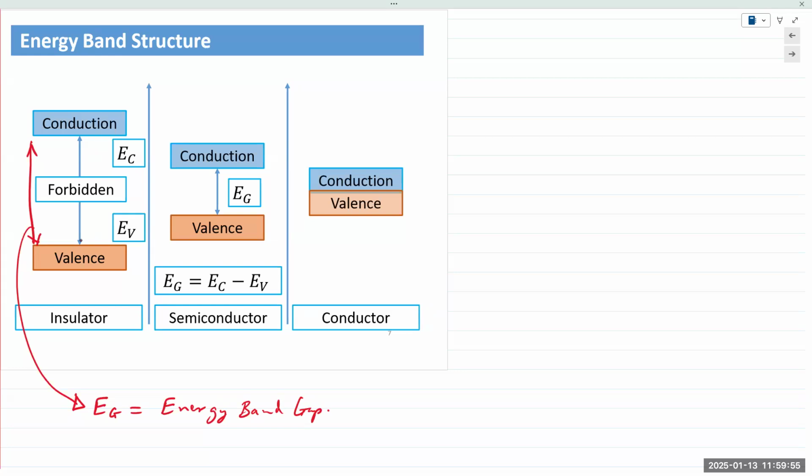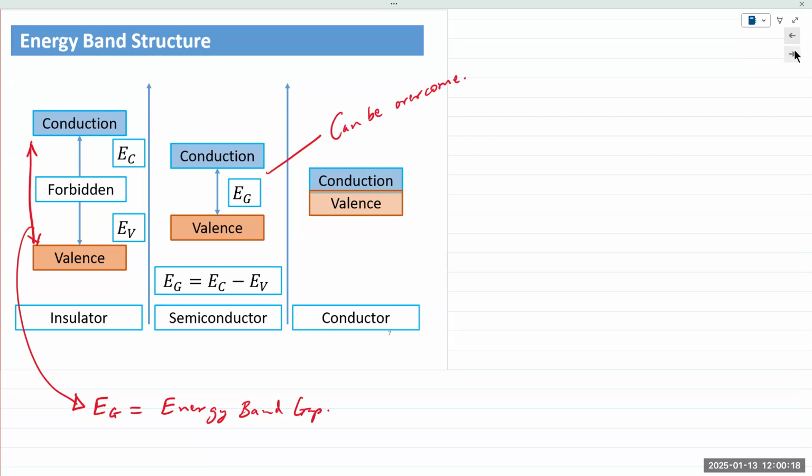In an insulator, that energy band gap is very large. In a semiconductor, the gap is present. It is not overlapping as in a conductor, but it can be overcome.